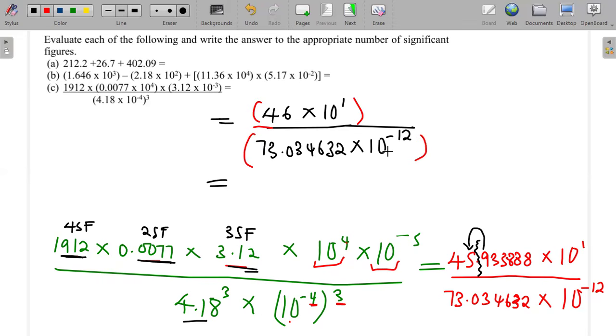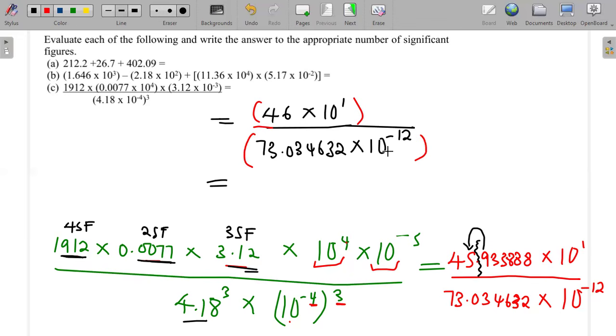You also do it. So 46 multiplied by 10 to the power 1, which is just the same as 10 anyway, divided by, down there I have 73.034632 times 10 to the power minus 12. So make sure you put them in brackets, and then I say equals.